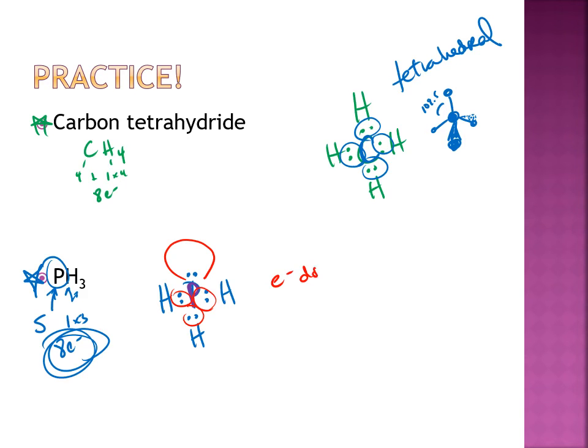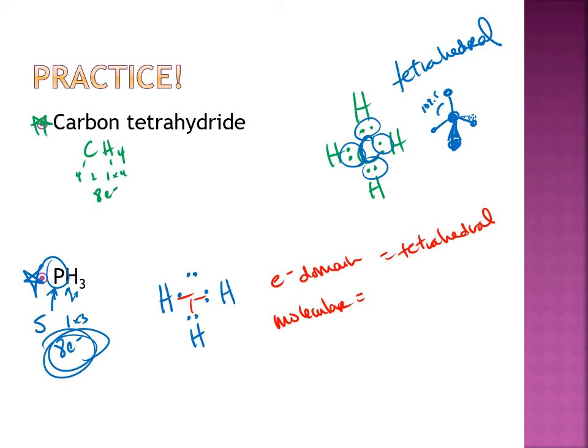My electron domain geometry is going to count all 1, 2, 3, 4 things. That's going to be tetrahedral. My molecular shape is going to take into account only where I have atoms at the ends of those electrons. And so I'm really only thinking about where I have hydrogens.